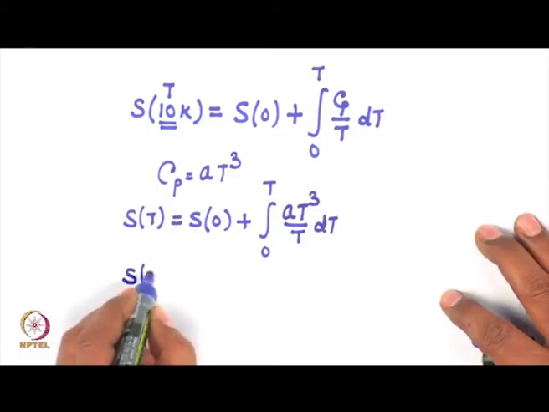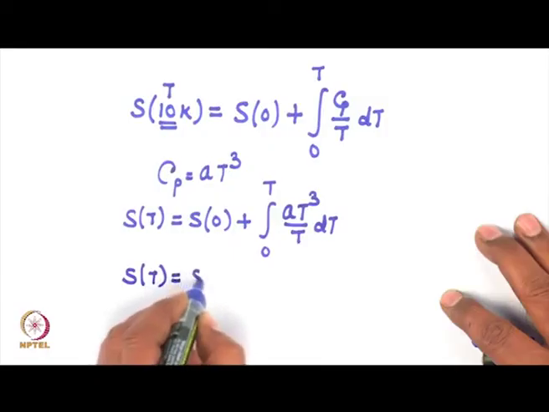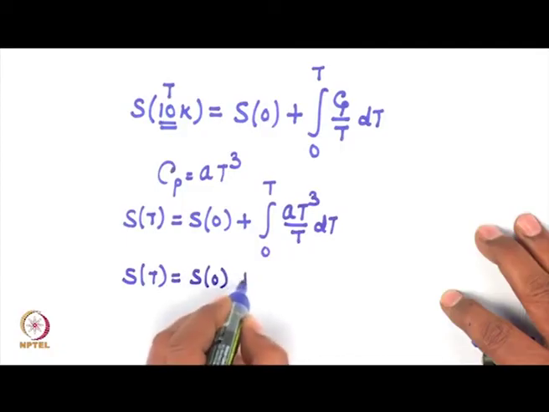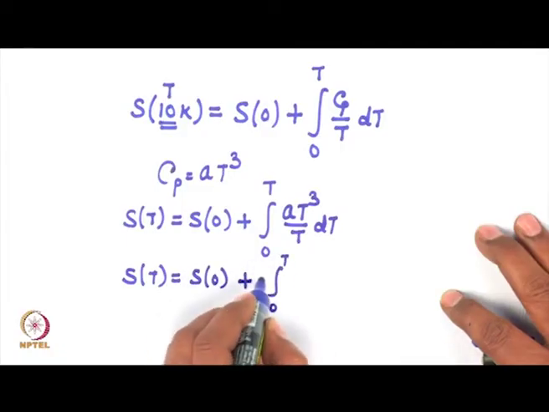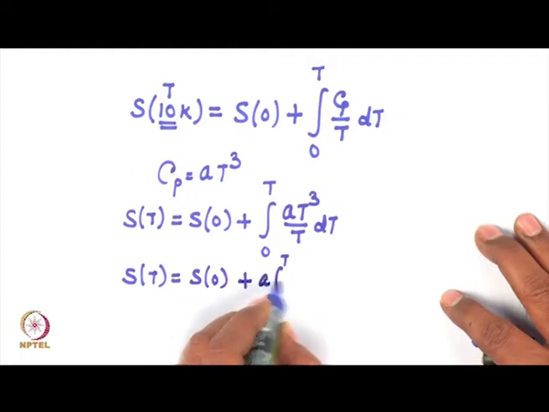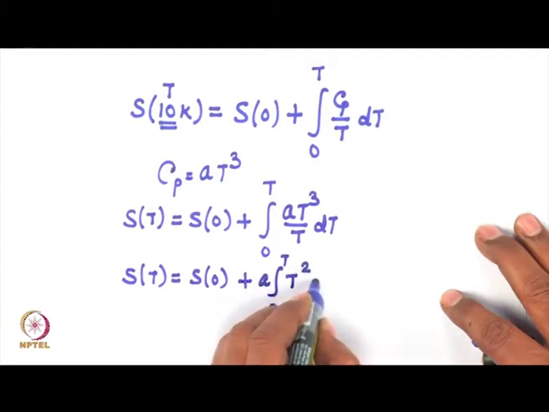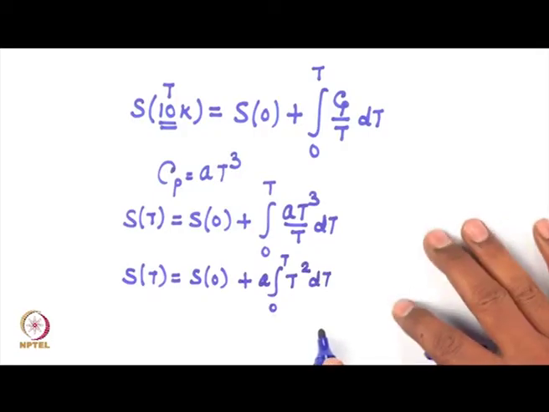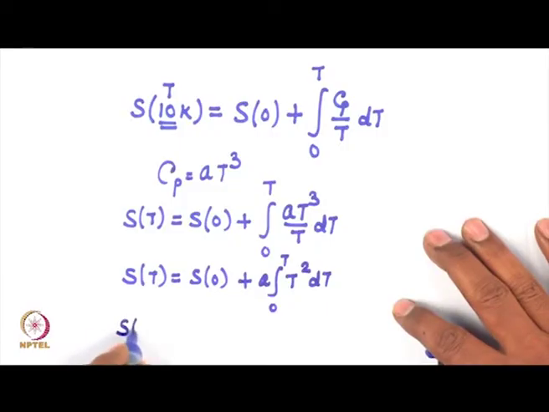If I take A out, it is T square dT, or S at T is equal to S at 0 plus A T cube by 3.